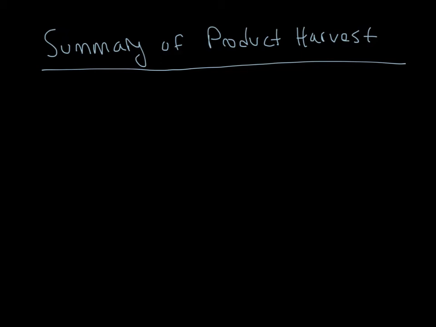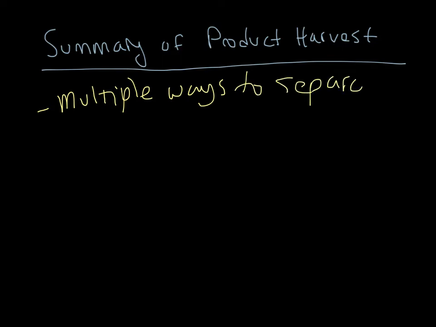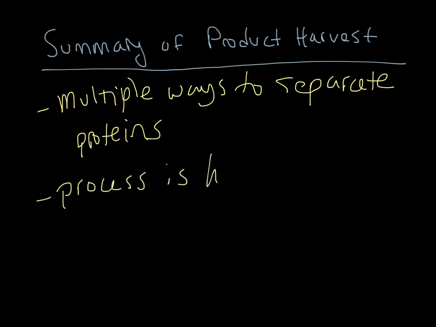So to summarize product harvest, the main ideas that we want to make sure you understand are that there are multiple ways to separate proteins. Once you've smushed it up and harvested, so this would be breaking cell membranes or crushing stuff up, there are multiple ways to separate the proteins, and also that this process is pretty highly regulated.